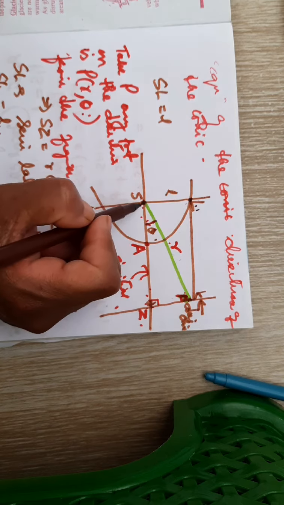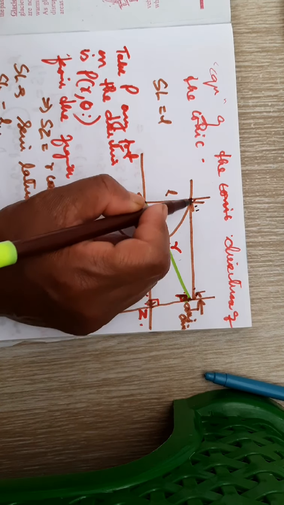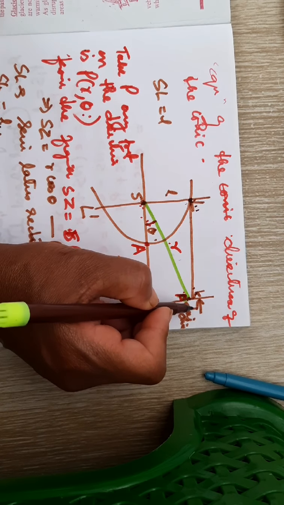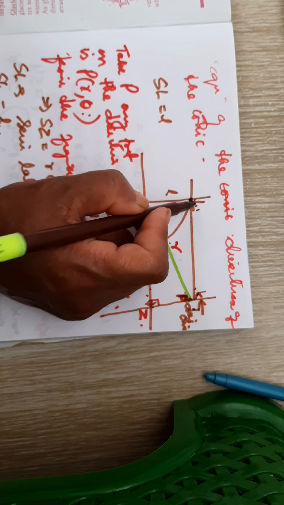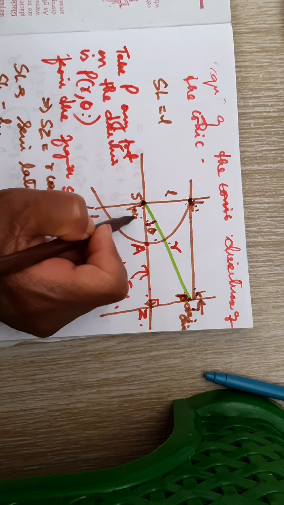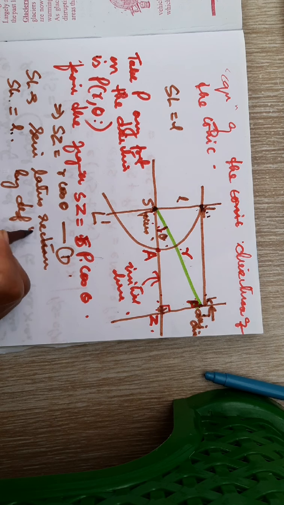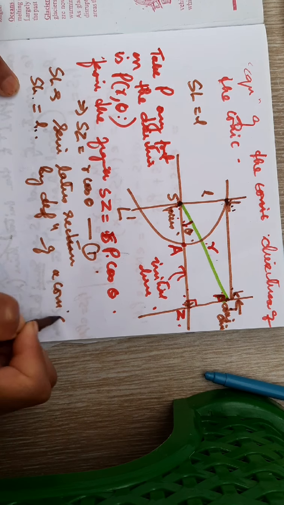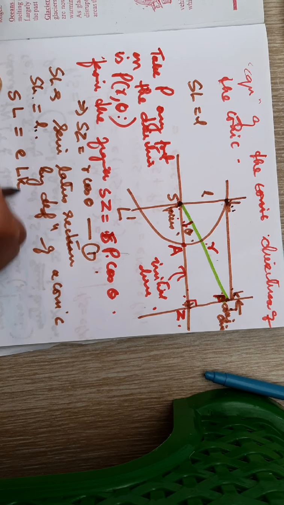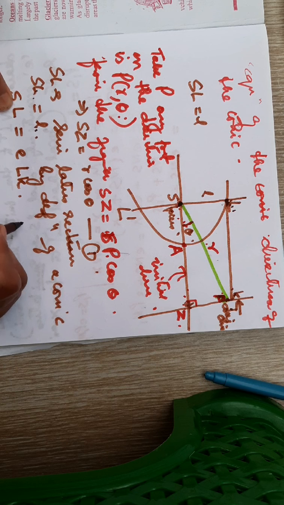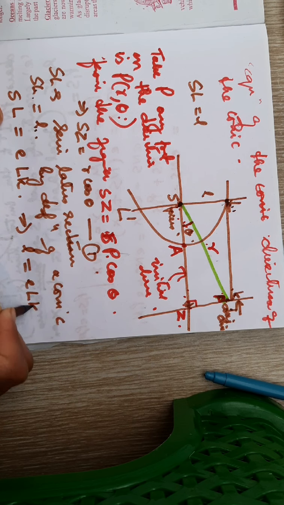By definition of the conic, SL is equal to e times LK, where LK is the perpendicular distance from L to the directrix, and SL is the distance of this point L on the conic from the focus. This is the focus. So by definition of a conic, SL is equal to e times LK. But SL is equal to l. So this implies that small l is equal to e times LK.